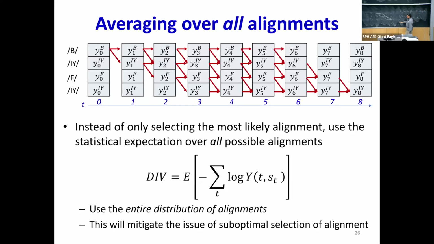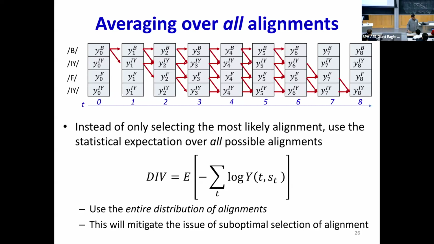So if I take the expected divergence over all possible paths, which is the same as summing over all paths the loss corresponding to the alignment represented by that path, multiplied by the probability of the path itself, that is averaging over all paths, all alignments.